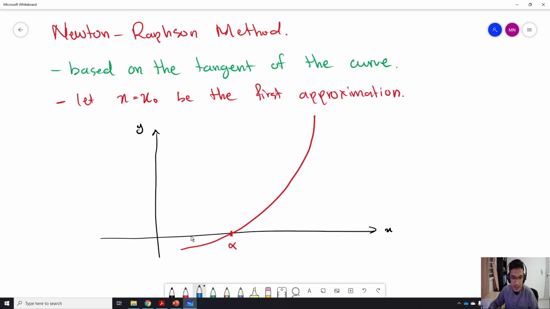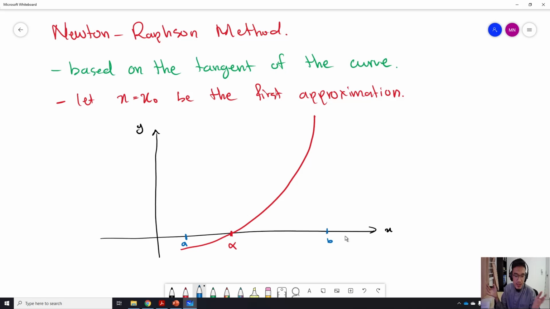So alpha is the root, and the root lies in between the interval of a and b. On what we have learned before, we only mentioned the interval, so that means the root of the function or the equation can be any number between the interval.